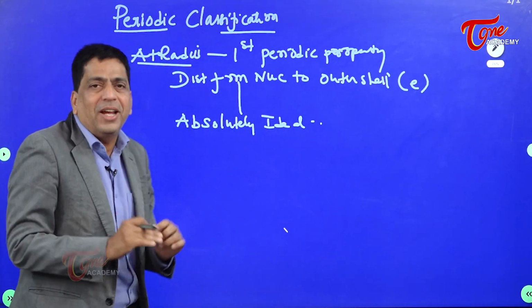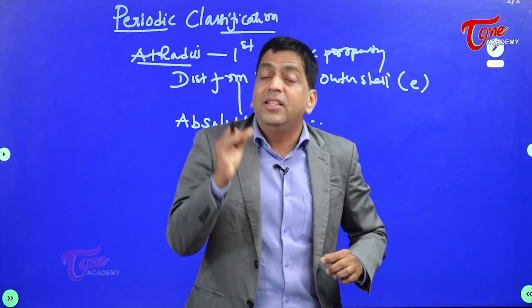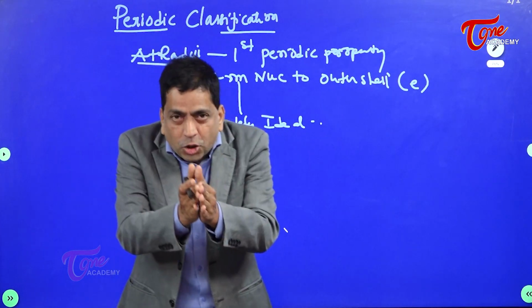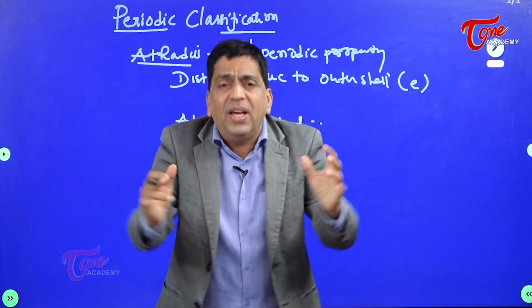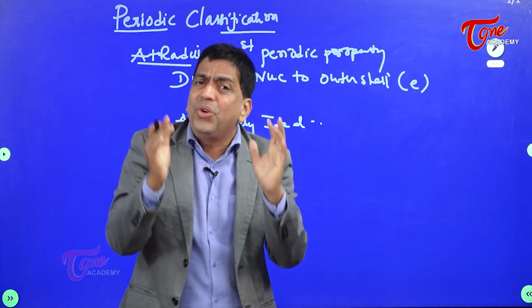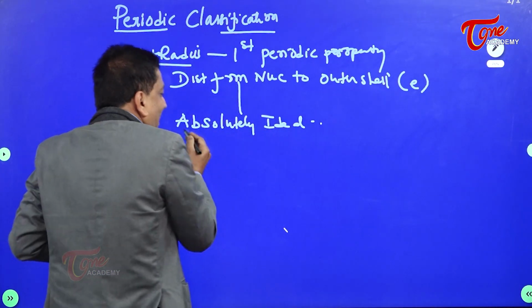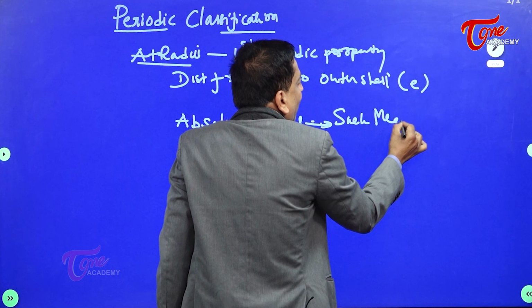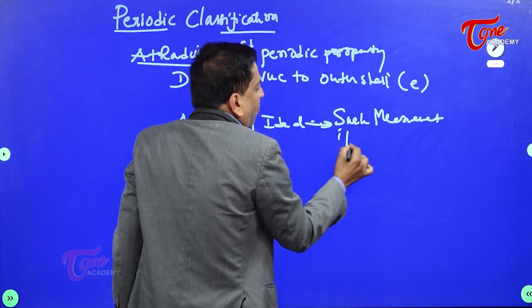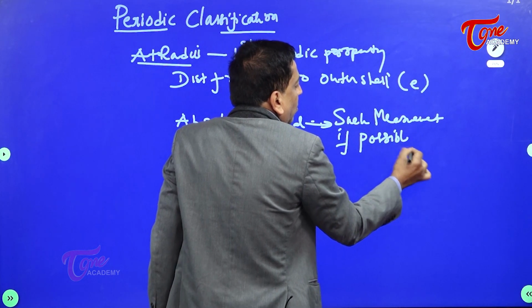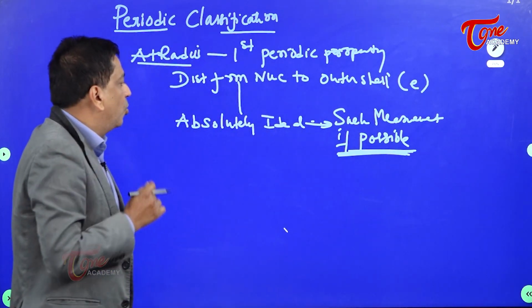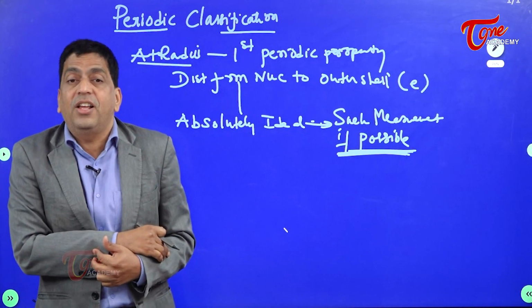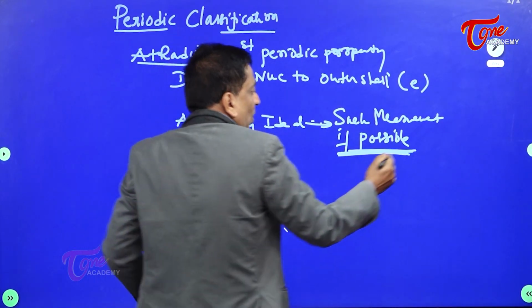If you want zero error in the measurement of atomic radii, then you are supposed to take an atom, cut it off, take a scale, and measure it. So what I'm telling is absolutely ideal, and such measurement, I'm telling, if possible. Well, I would like to underline this: if such measurement of the distance from the nucleus to the outermost shell is possible, then it will have zero error.